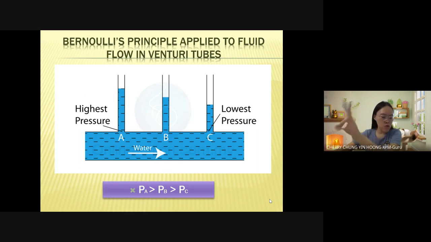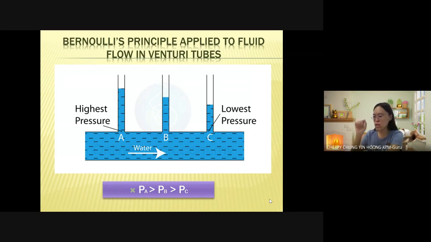Number 2, the region with high velocity has lower pressure than the region with low velocity.